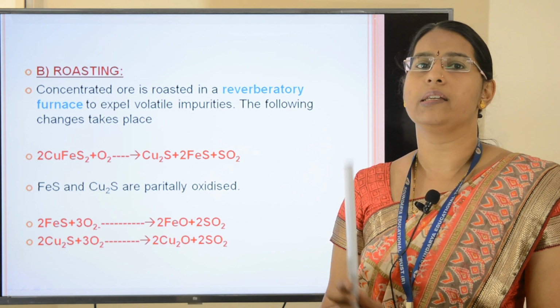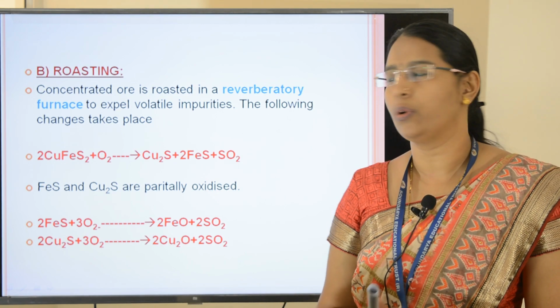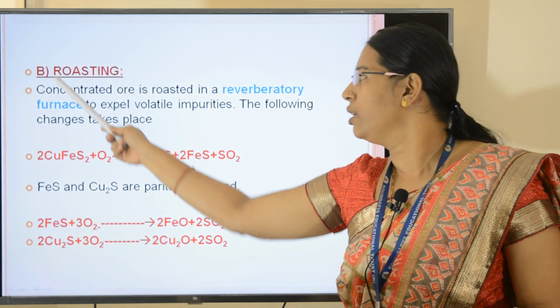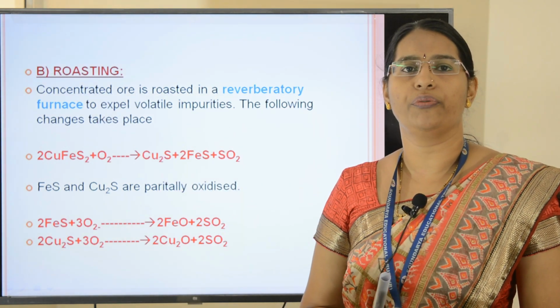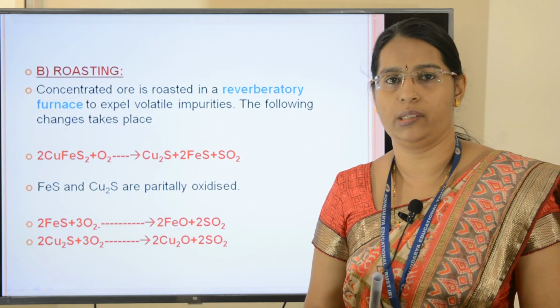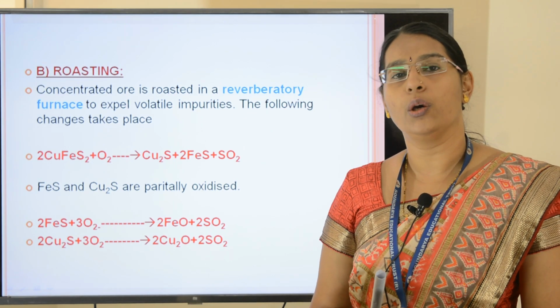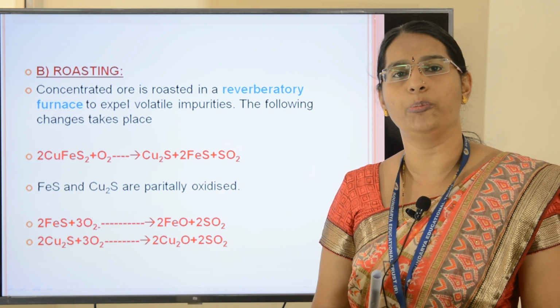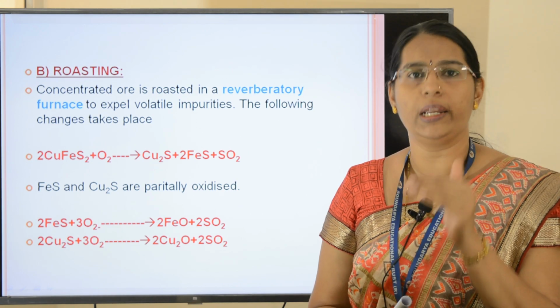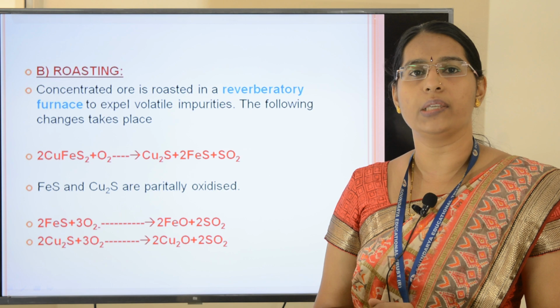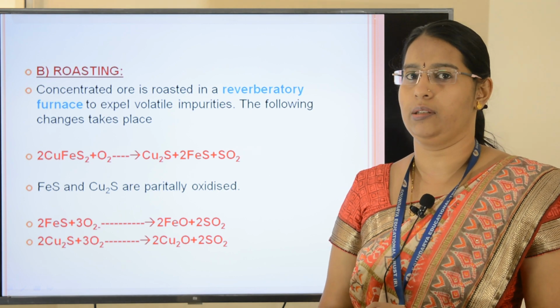Here again, since the ore is a sulfide ore, we prefer roasting for the conversion of the concentrated ore into its oxide form. What is roasting? It is a process in which the ore is heated to a high temperature below the melting point of the metal in the presence of excess oxygen.